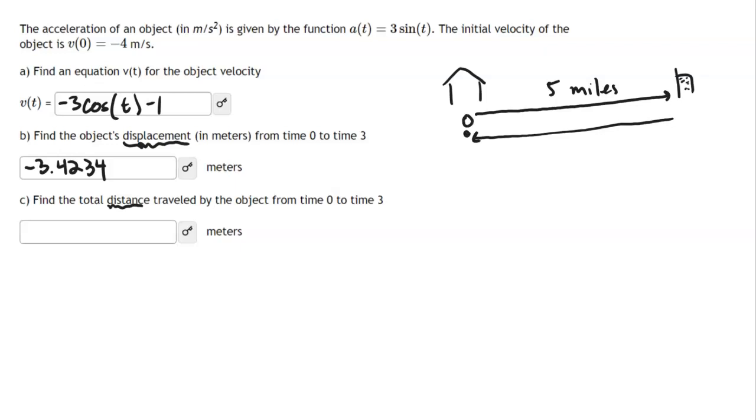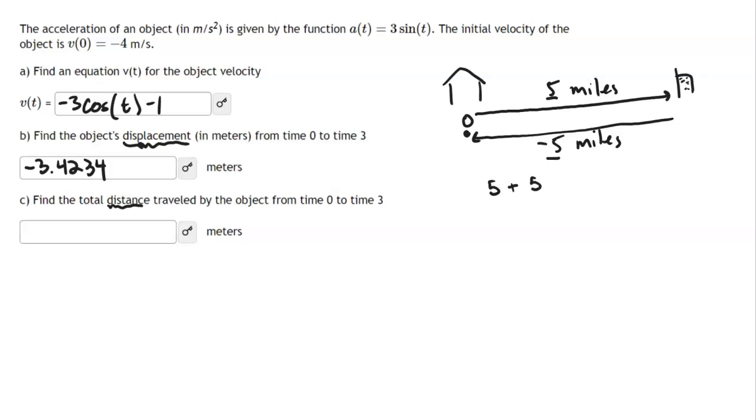We're back home. But if I were to ask you when you got home, how far did you drive today? You wouldn't tell me you drove 0 miles, even though you ended up right back in the same spot. You would have told me that you drove 5 miles plus another 5 miles in the other direction.